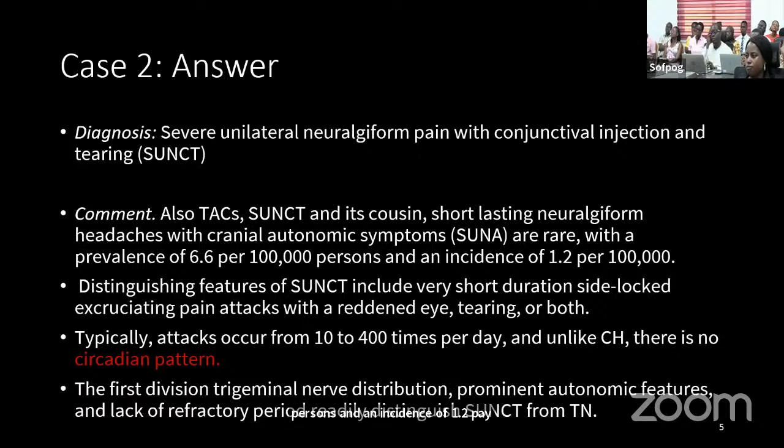Distinguishing features of SUNCT include very short duration, side-locked, excruciating pain attacks with a reddened eye, tearing, or both. Typically, attacks can occur 10 to 400 times per day, and unlike cluster headaches, there's no circadian pattern.